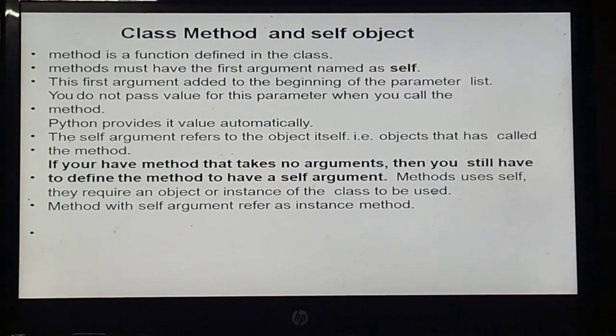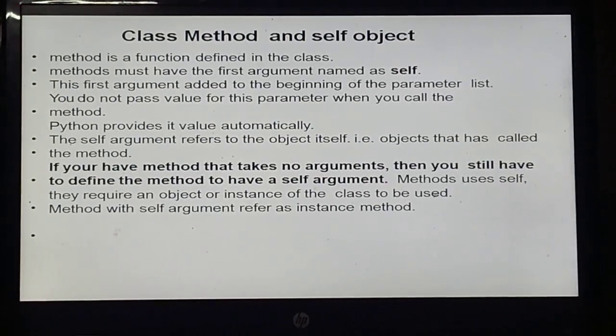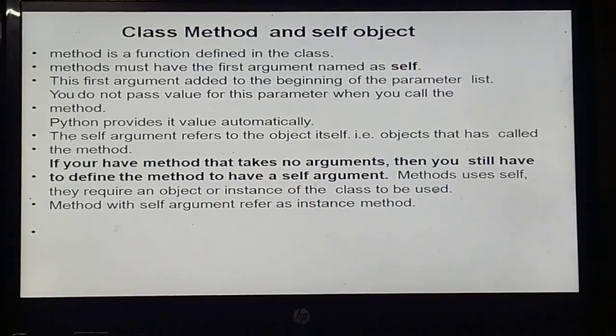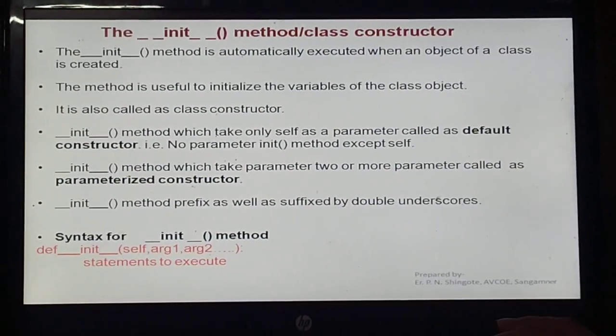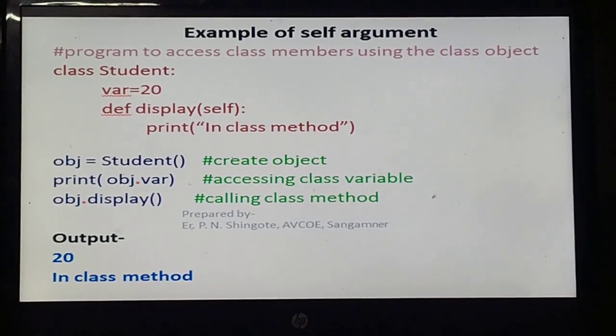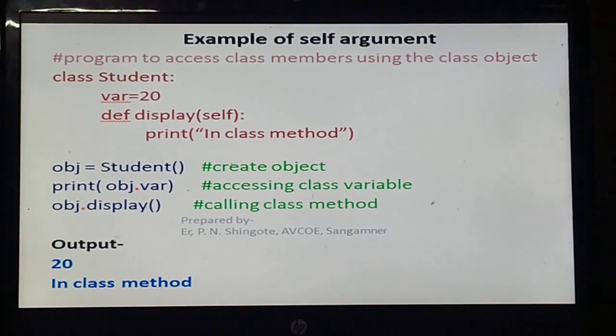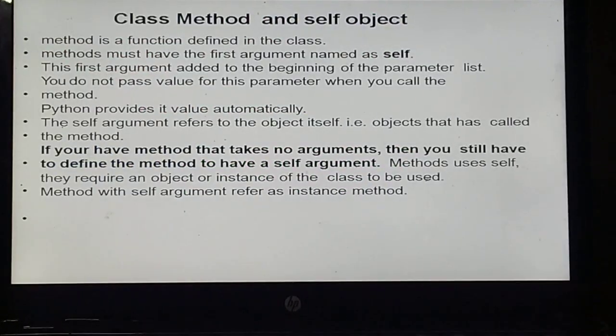Before understanding self, there is one more method we are going to see ahead, which is the init method. Before understanding self and the init method in a Python class, it is very important to have an idea about the class and object. So, a quick revision.